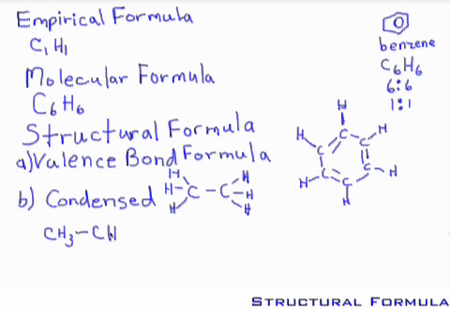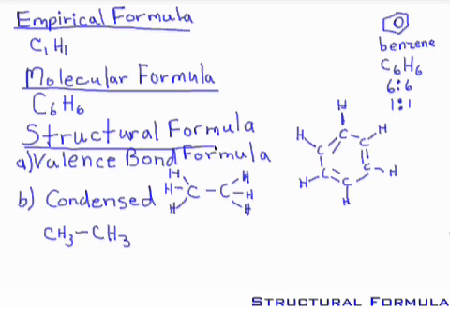So a condensed structural formula would look like that. If we're drawing a condensed structural formula, we're using a short form to represent the hydrogen bonds. Empirical formulas, molecular formulas, and the two types of structural formulas are very common to organic chemistry.